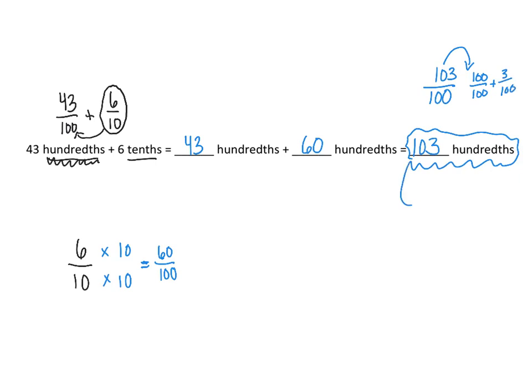So this would be converted into one whole and 3 hundredths. This is one whole, and then what's left over is 3 hundredths. So 103 hundredths is equal to 1 and 3 hundredths, which would look like this as a decimal. 1 and 3 hundredths.